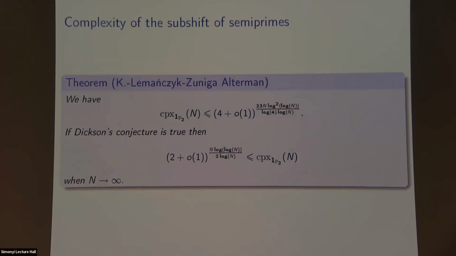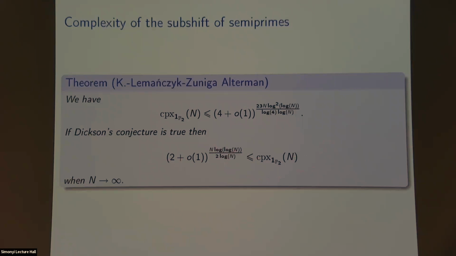Under Dixon's conjecture, I don't know if heredity is enough here, but thanks to Dixon, assuming Dixon's conjecture, we can also provide a lower estimate for the complexity, and this is 2 to n log n by 2 log n.